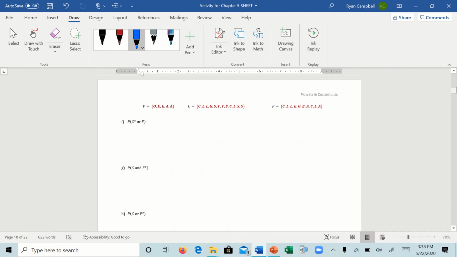All right, now what about the or? Oh, the or is going to be super important too. So if we wrote out the actual event, remember we said the complement of C is just all the vowels. So we can put an O. Is there an O in here? Nope. All right. We can put an E. Is there an E in here?